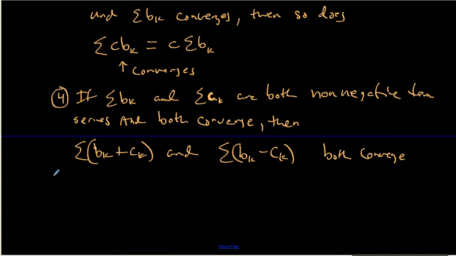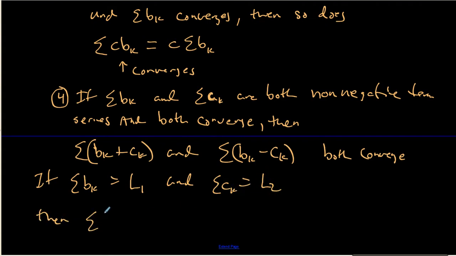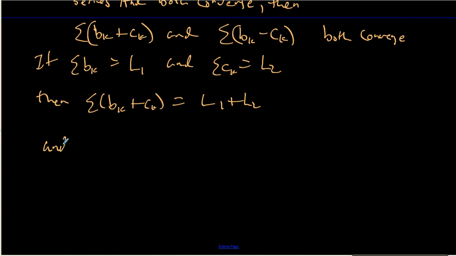And basically the idea here is if the series of b_k's goes to L1 and the series of c_k's goes to L2, then the series of b_k plus c_k winds up going to L1 plus L2, and the series of b_k minus c_k converges to L1 minus L2.